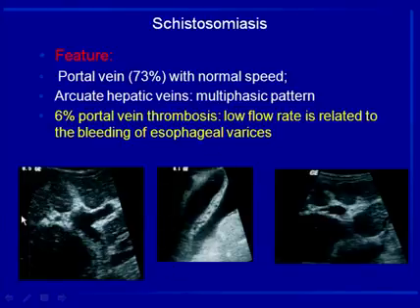Here we can identify different features of thickening of fibrosis close to main portal vein and branches here, and here on the right.